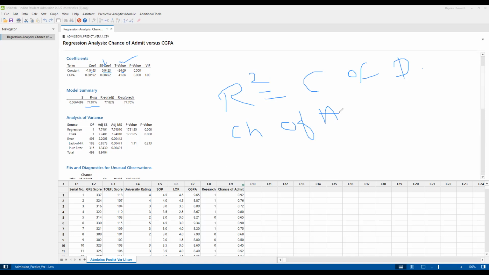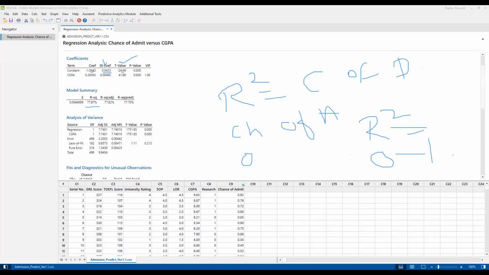Or in other words, 77.87% change in chance of admission is due to GPA, or the change in chance of admission can be explained by GPA by 77.87%. So R square value can be 0 to 1, where 0 is no relationship and 1 is 100%.